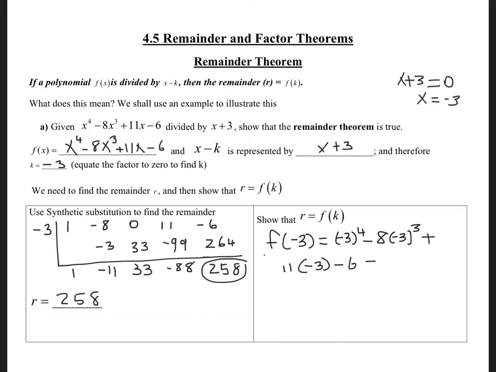If you work this out, you'll get 258. So if I summarize, if you are given a polynomial and you divide by a factor, it's the same as plugging in the zero of that factor into the polynomial. That will give you the remainder.